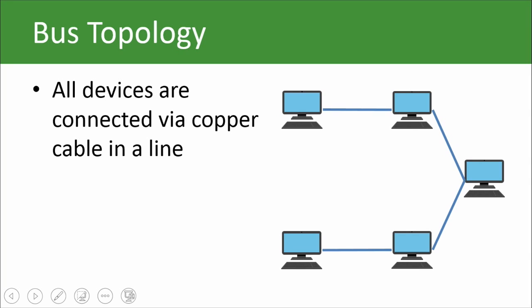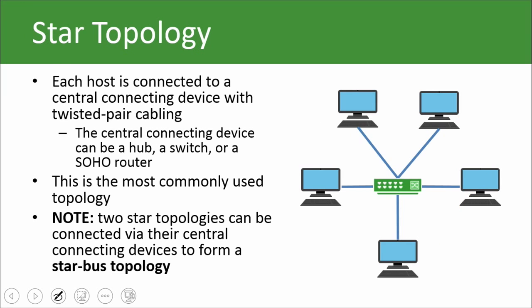So if we have a computer up on the left here, computer 1, if it wants to send data all the way down to computer 5, I have 5 computers, right? It has to send data through computer 2, through computer 3, through 4, and then 5, and vice versa, right? So not the most efficient way to send data.